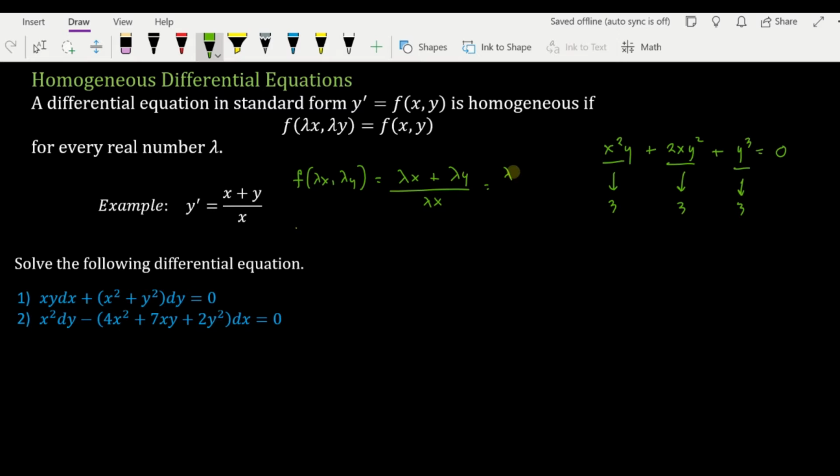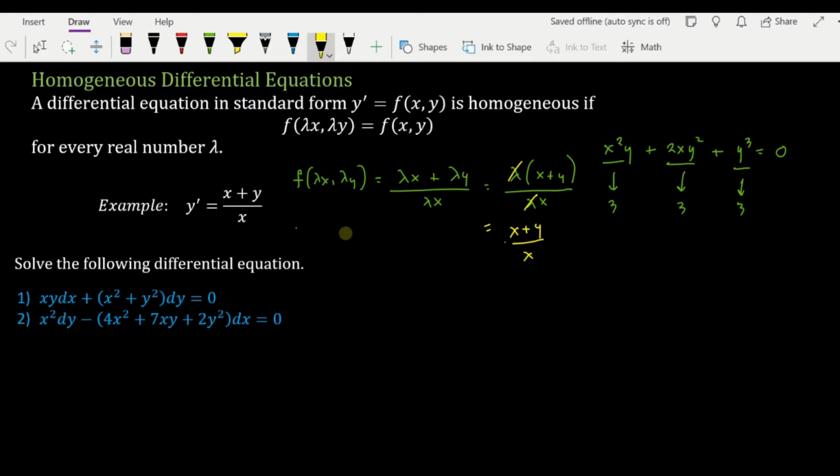Lambda times x plus y over lambda x. So, makikita ninyo, makakancel dito yung lambda. So, matitira na lang is x plus y over x. So, pareho siya ng original. So, that is why itong differential equation na to ay homogeneous differential equation.